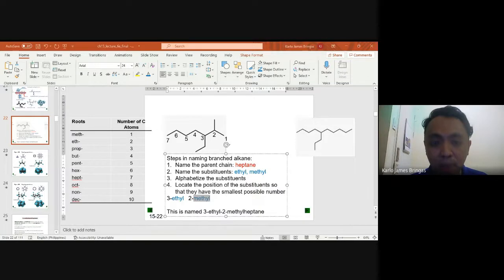First step, name the parent. Second step, name the substituent. Third step, alphabetize. And fourth step, determine the location so that they have the smallest possible number.